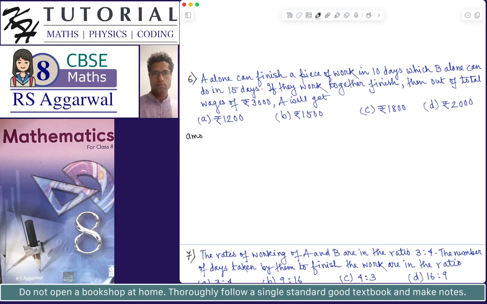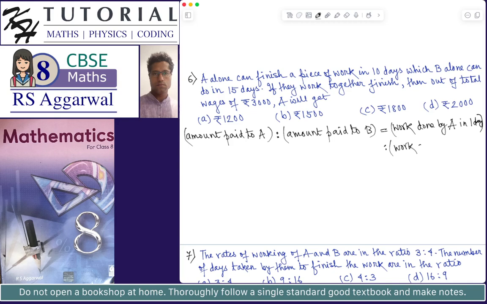the ratio of amount paid to A and amount paid to B should be equal to the work done by A in 1 day is to the work done by B in 1 day.